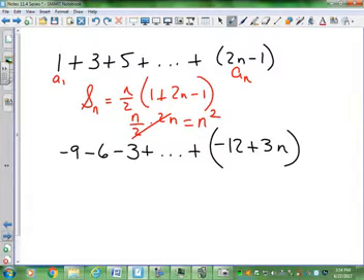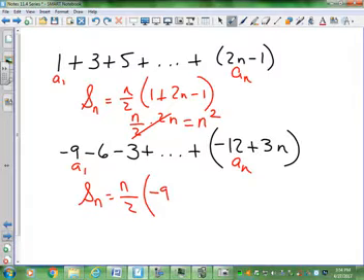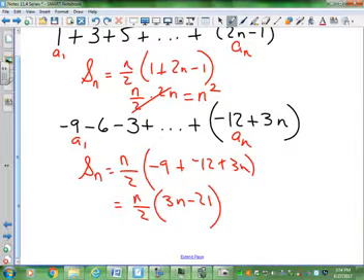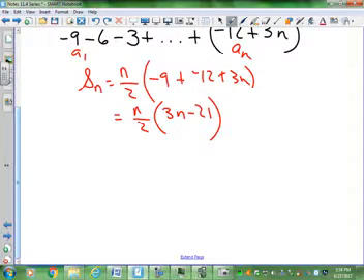Let's try that again. A sub 1 is the first number, and A sub n is the last number. So S sub n equals n over 2, because I still don't know what position that's in, because it's got an n in it. Negative 9 plus negative 12 plus 3n. So I've got n over 2. I've got 3n minus 21. Now, a lot of students think you need to factor at this point, but actually you're supposed to be multiplying.